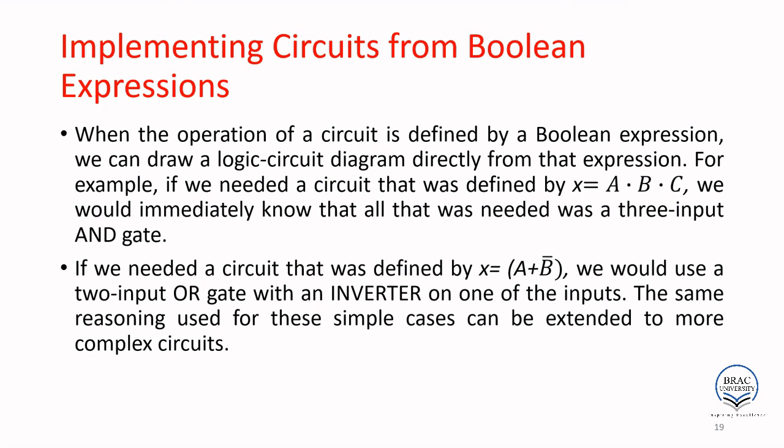If we needed a circuit defined as x equals A plus B bar, we would use a 2-input OR gate with an inverter on one of the inputs. The same reasoning used for this simple case can be extended to more complex circuits.